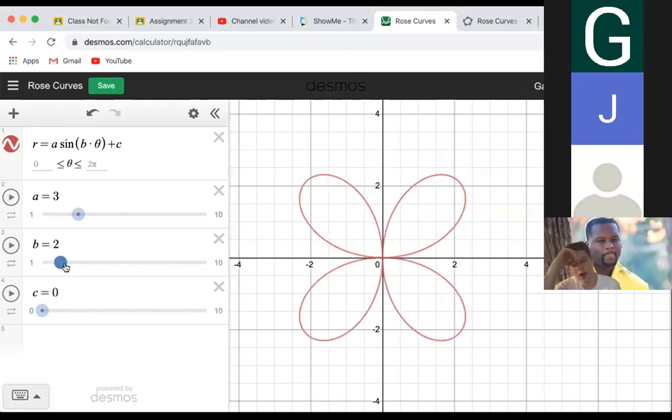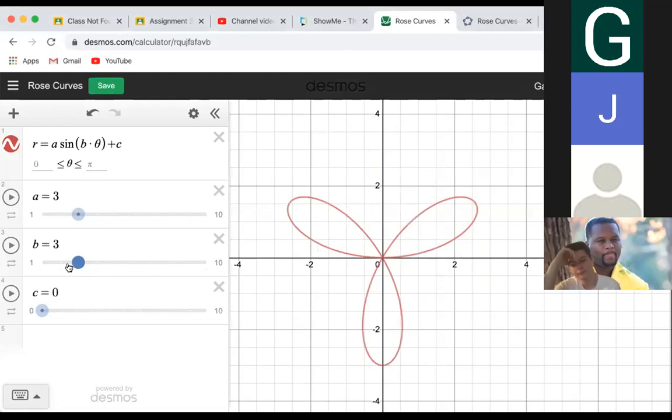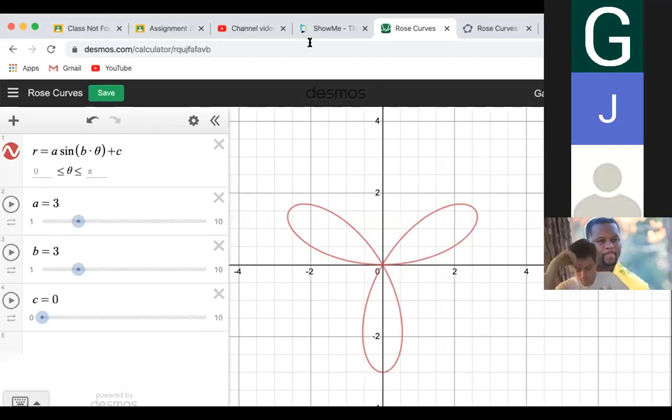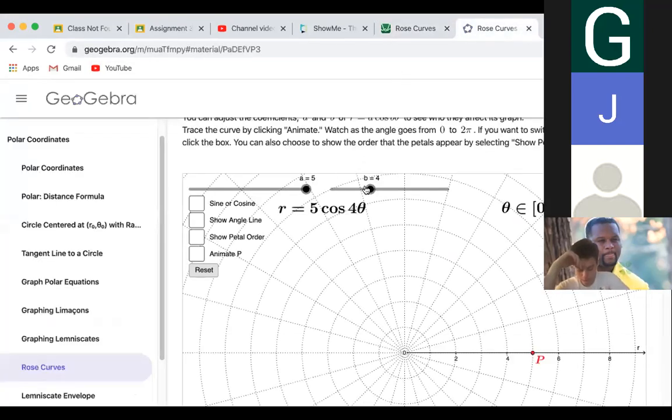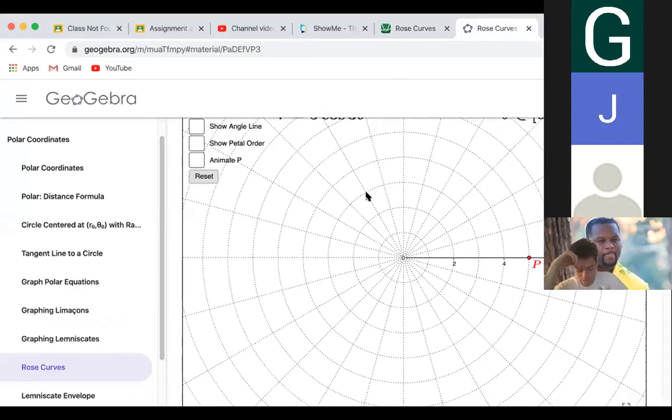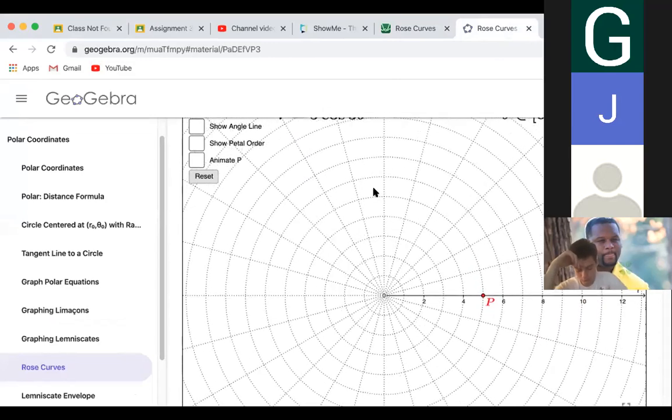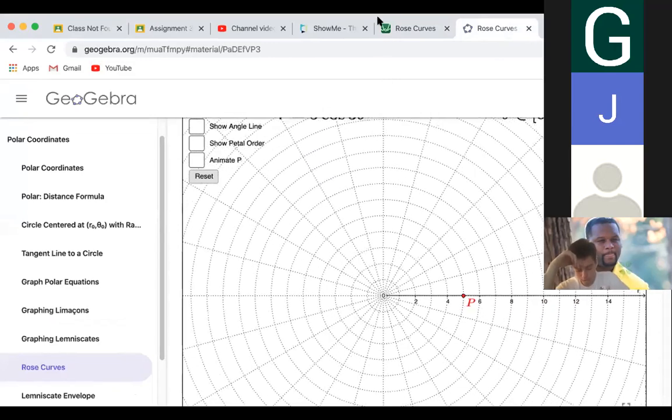Well, when it's an odd number and c is 0, the number of petals will equal b. That's because of the overlap that happens. So if I come over here and I change this to cosine, someone asked about that, this will be a good way to show that afterwards. Here is one.